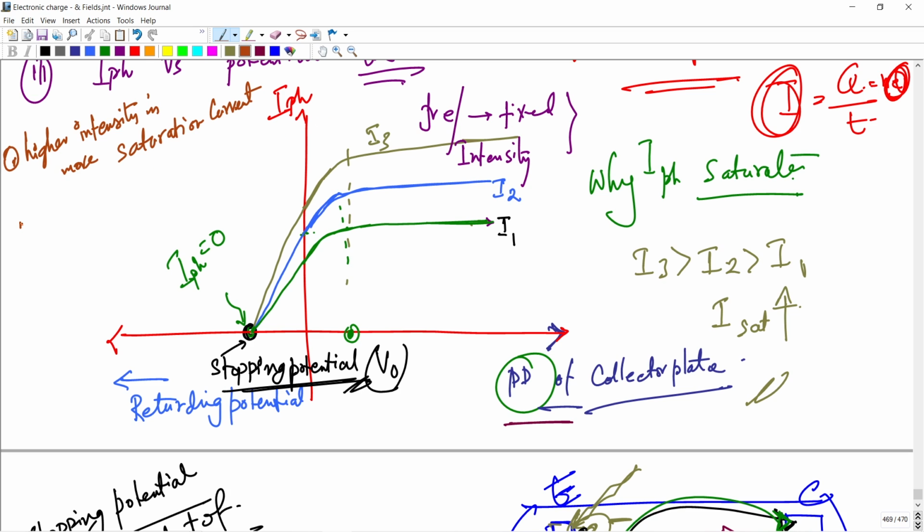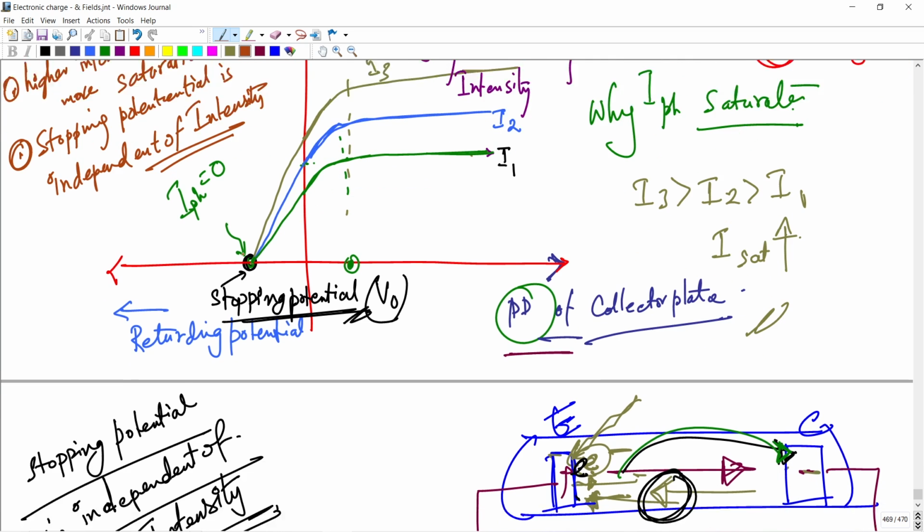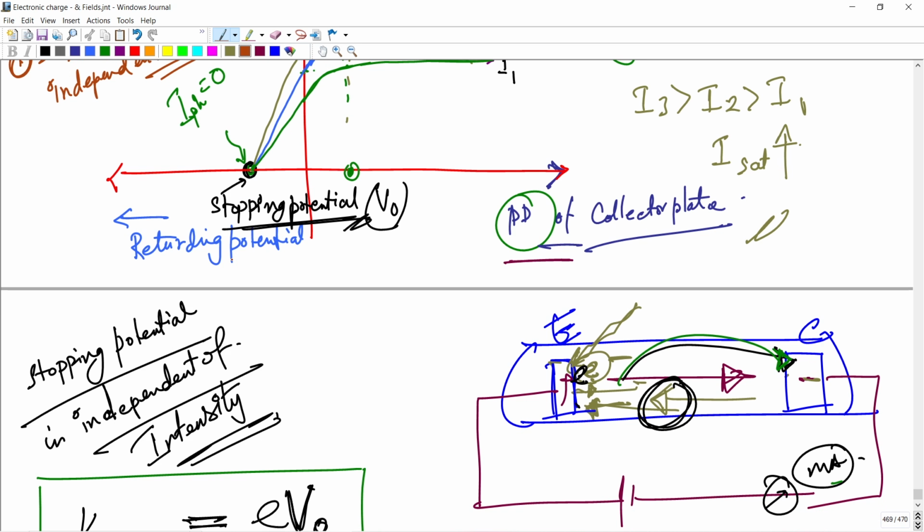Another point here is that the stopping potential is independent of intensity. Now there is some frequency part.